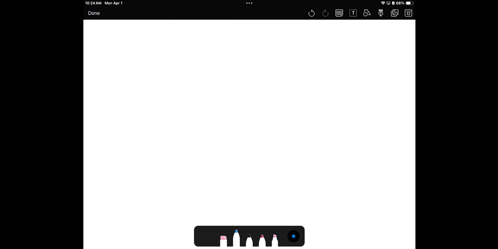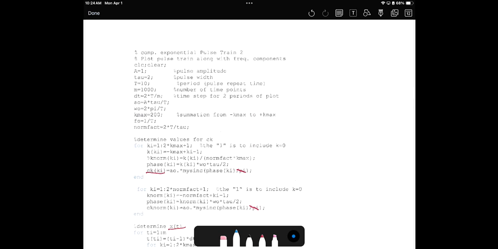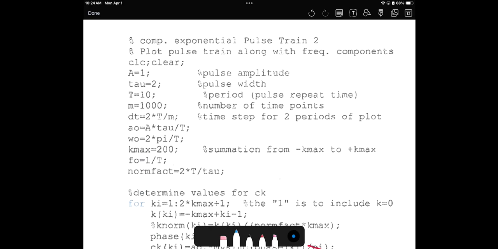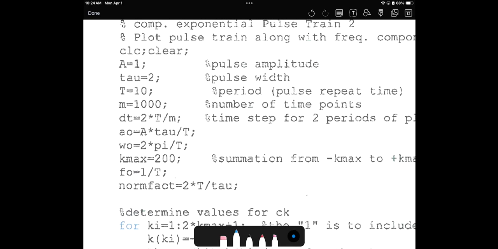There's a MATLAB program about how to make a pulse train using the exponential form of the Fourier series, and we see how we define the magnitude of the pulse, the pulse width, the period, and the number of points we need.